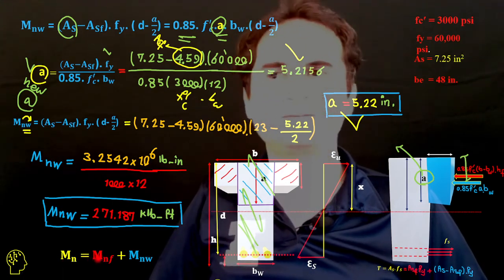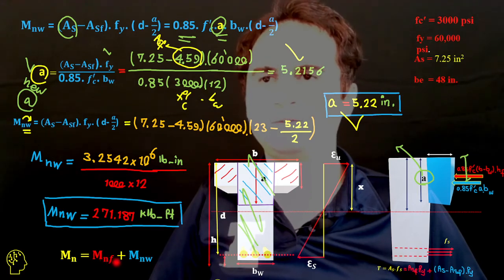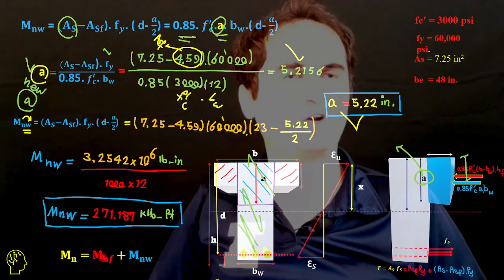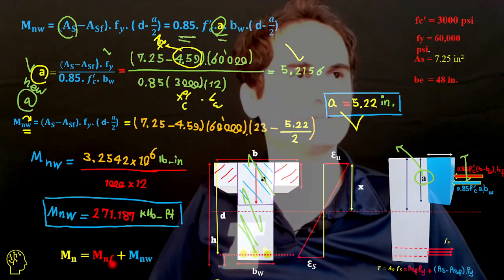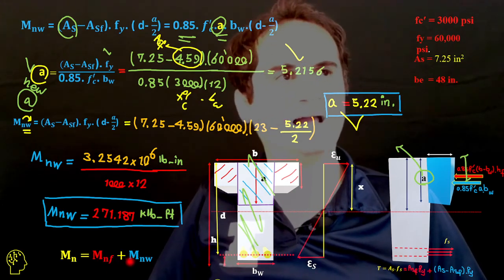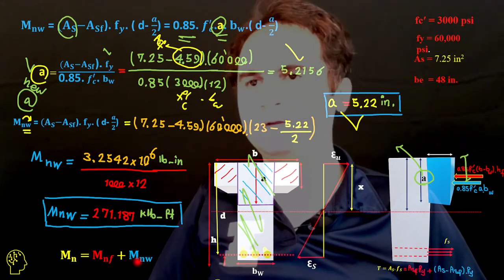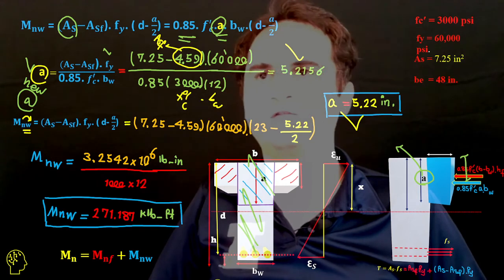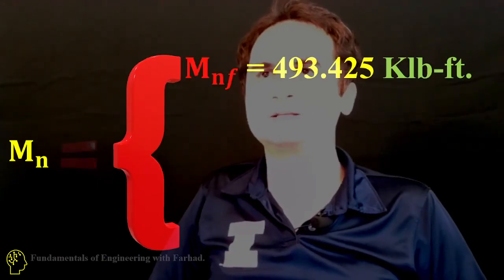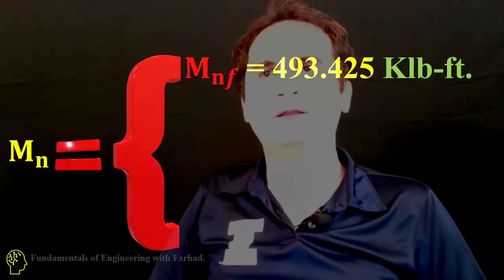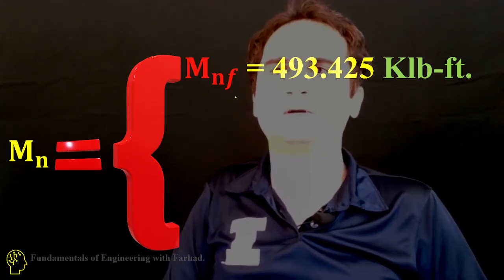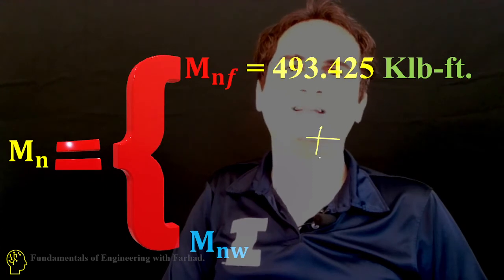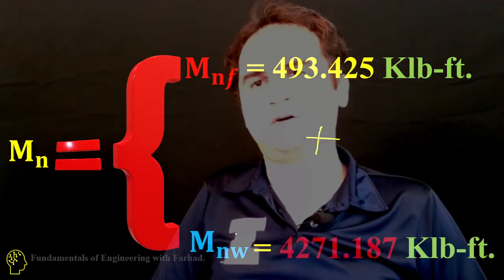If you add these two numbers, it gives you the nominal moment of a T-shaped section, and that's Mnf plus Mnw: the portion of nominal moment responsible for the flange, added to the portion responsible for the web part. So Mn is equal to Mn of flange plus Mn of web.